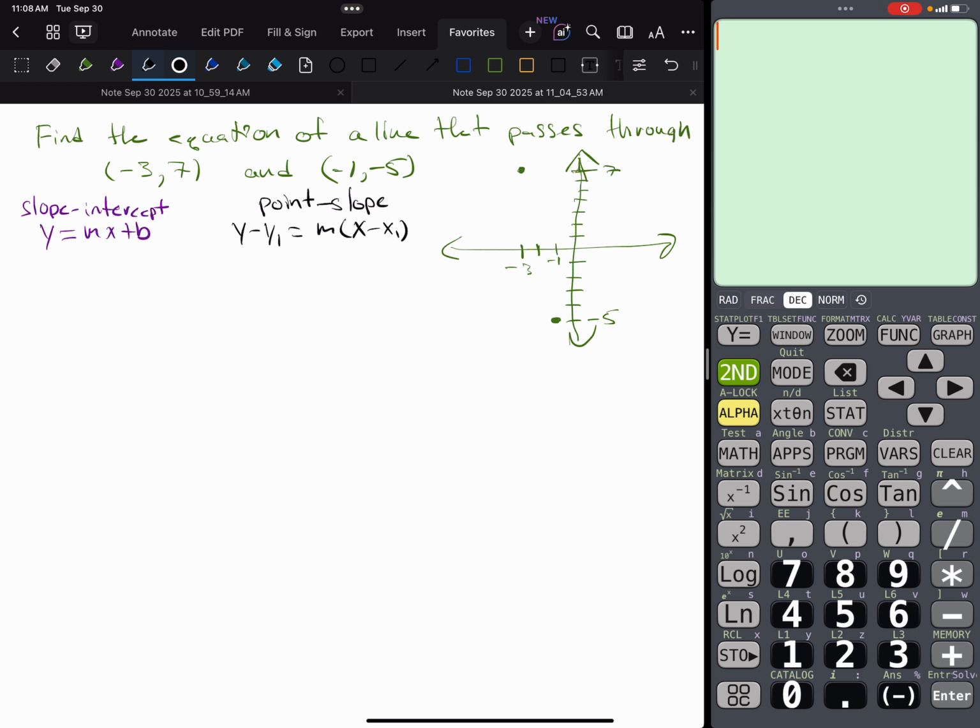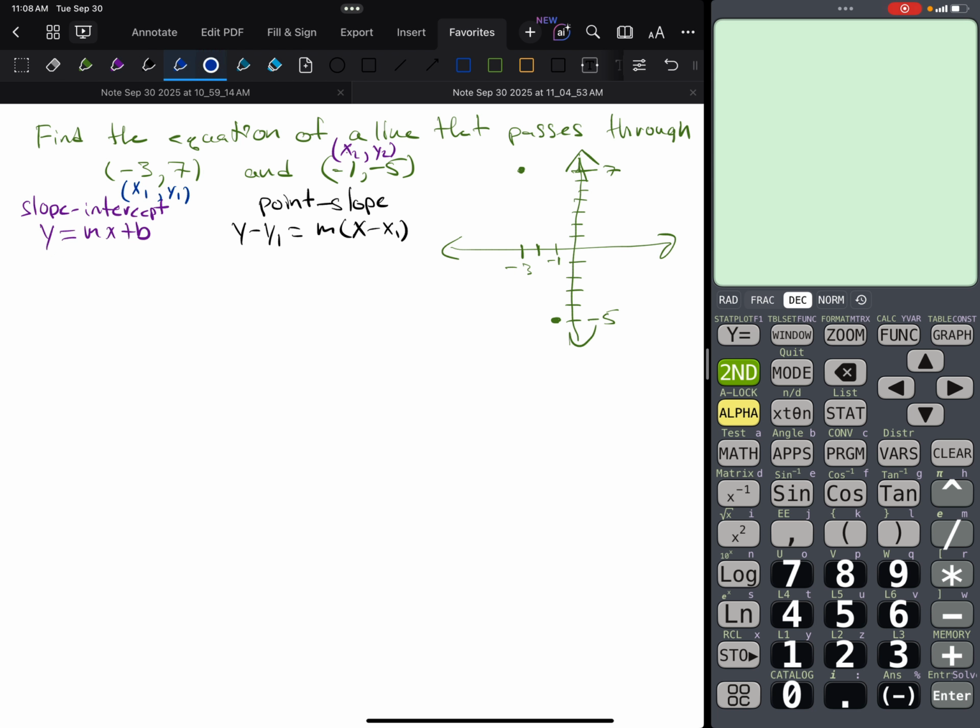If I'm going to use the point slope form, I'm going to pick one of those 2 points, and that'll be my point 1, and the other will be my point 2. So I'm going to choose this point on the left to be my point 1, so that means I have x1, y1. And the point on the right, I'm going to choose to be my point 2, and so we'll call that x2, y2.